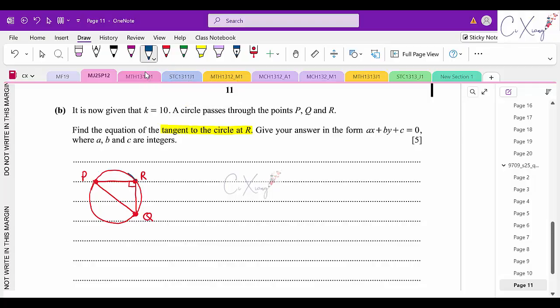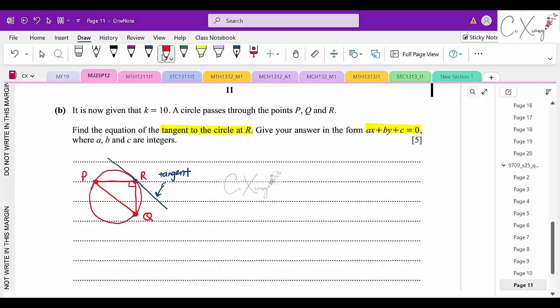This is the tangent to the circle at the point R. Okay, and now I want to find the equation of the tangent. Give your answer in the general form like this, where a, b, and c are integers.